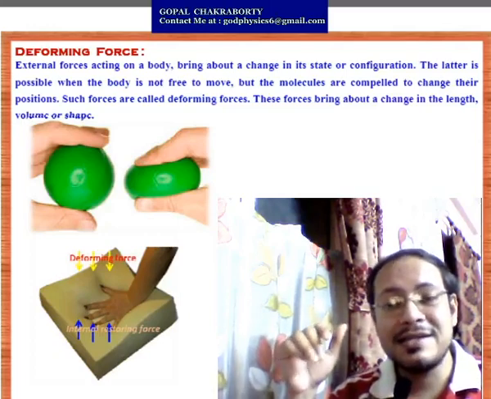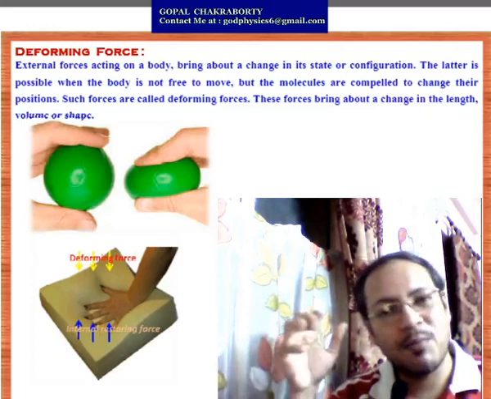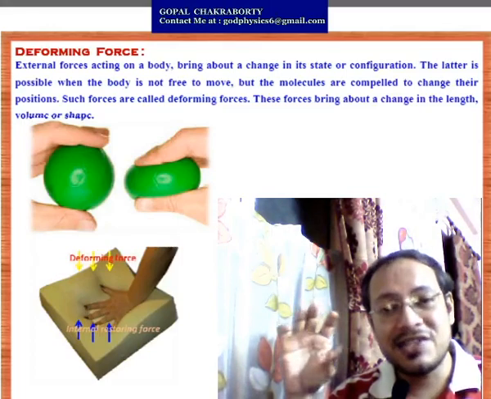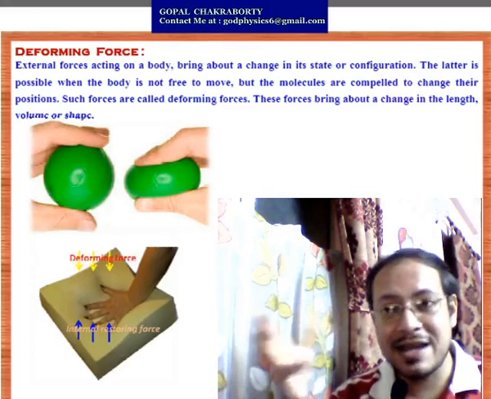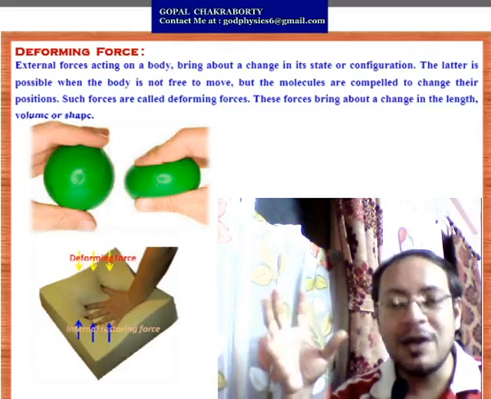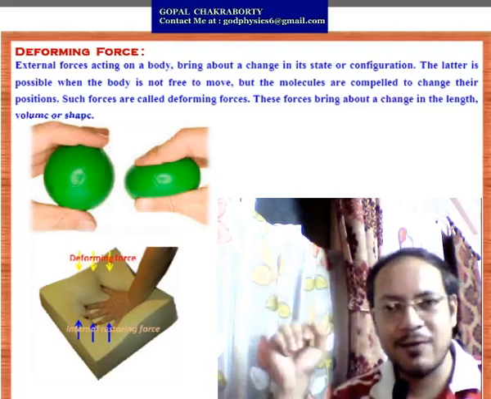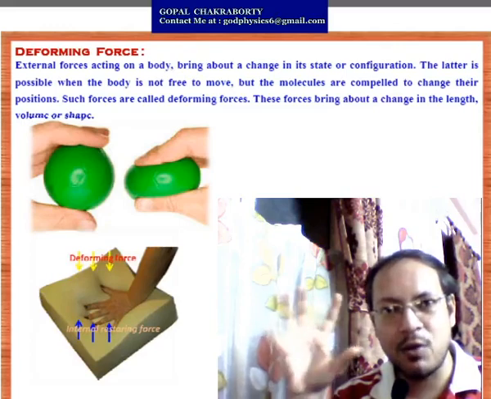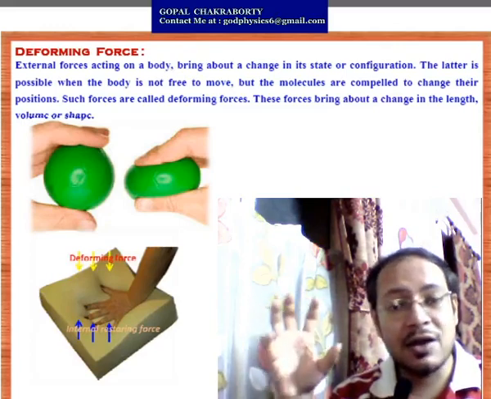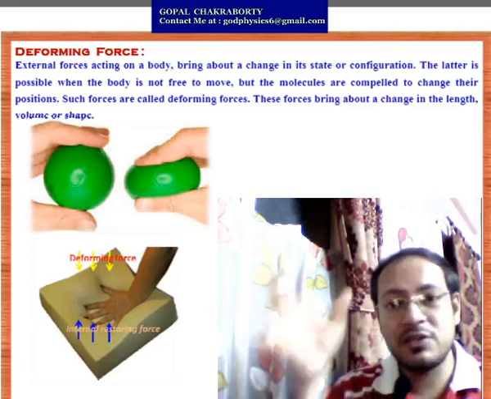So this is the cause why the body or particle changes its size and shape, as I have shown you with the football. When I apply the force and hold the ball, it is not free to move from one position to another.